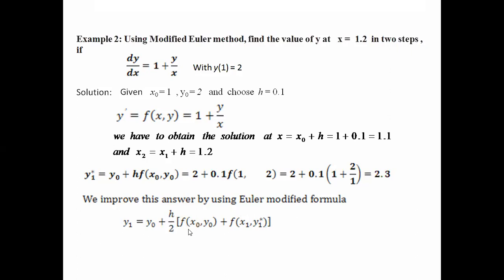And they called this one RK method of order 2. So RK method of order 2 is nothing but the modified Euler method. But why is that important? Because the RK method is important. The reason is that they did not just copy this formula, they modified it. Actually, this is a modified formula of the Euler formula. Once again, they modified it.